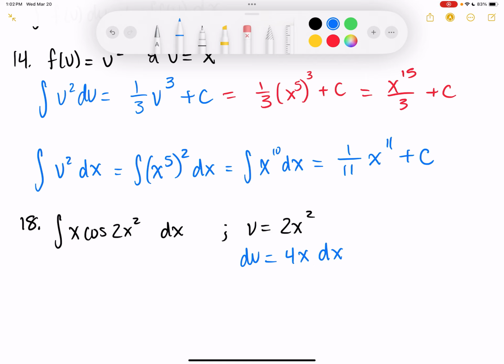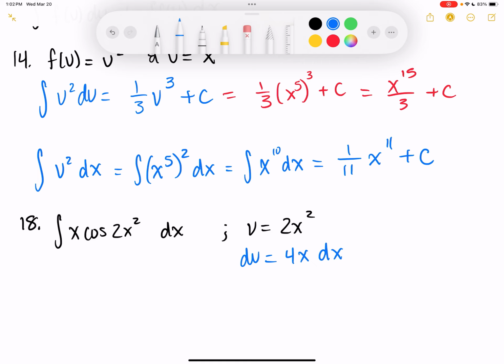So now, do you see a 4x in here? No. But what do you see in here aside from the 2x squared part? An x. Just an x, okay? I see the derivative of 4x in there. Okay, well, that's why we have this.